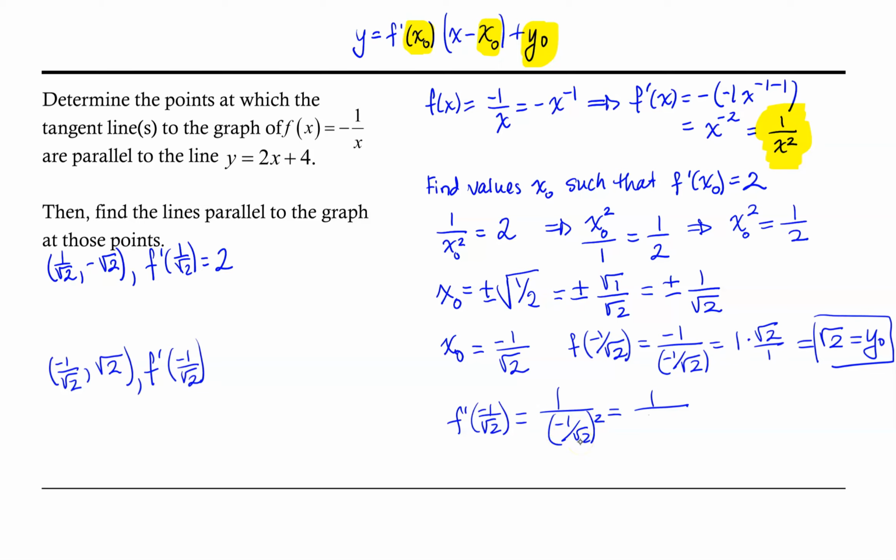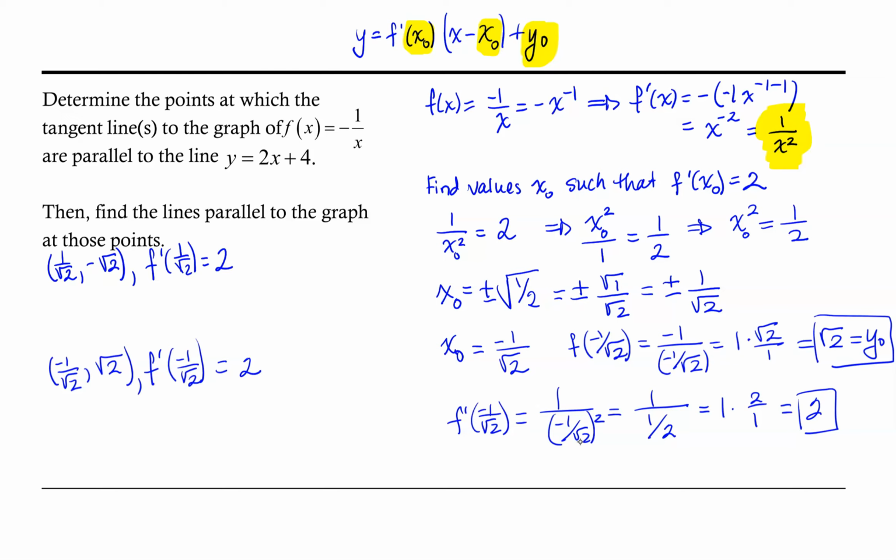The numerator is a 1, and the denominator, when I square square root of 2, I get 2. Then multiplying by the reciprocal of the denominator, I end up with a slope of 2 as intended. So f prime at negative 1 over square root of 2 is in fact 2.